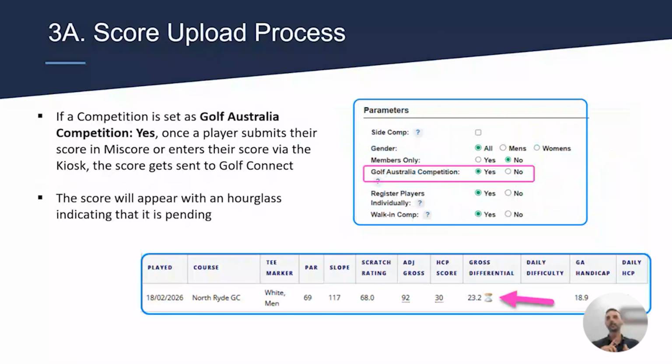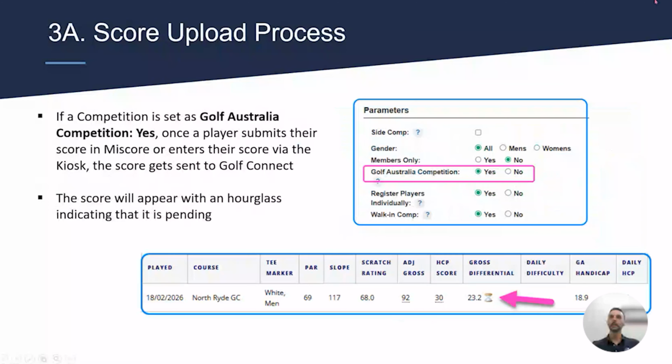And that means when a player submits the score in MyScore, or they scan a card in the card scanner, or manually type in their score at the kiosk, that score goes directly to Golf Australia. The players see it on their handicap record here with the little hourglass symbol. So that means the score is there, but it's not contributing to their handicap yet. It only contributes to the handicap once you've approved it.